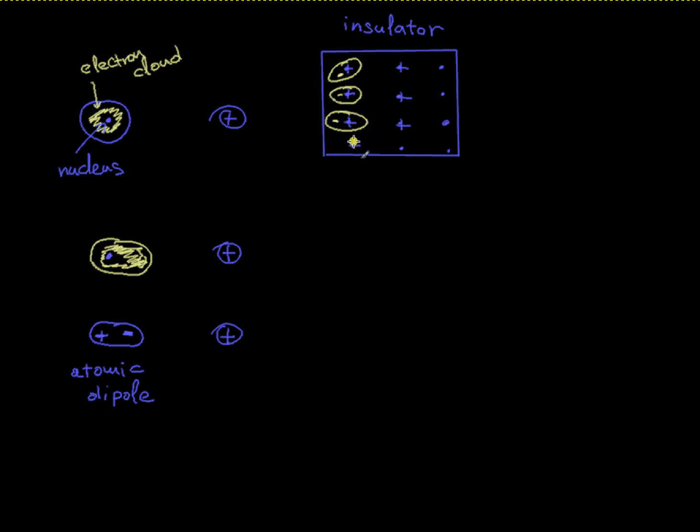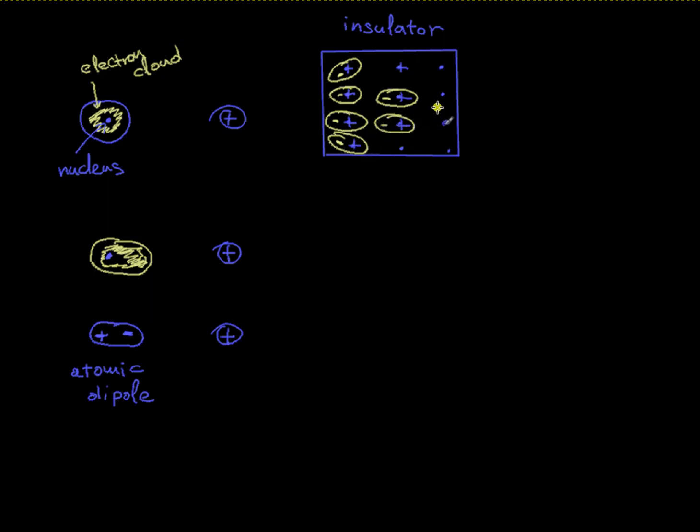And these will be oriented on the axis that connects the external charge with the nucleus. So the orientation of the dipoles will not be the same for every one of them, but all of them will be oriented facing towards that external charge. So this will be the electron cloud, and so on. You get the idea.